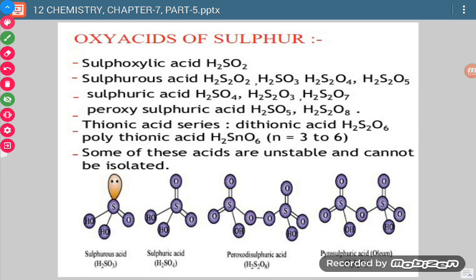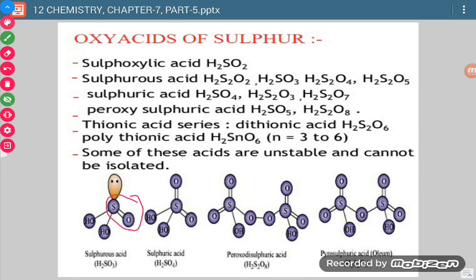That the acids formed by the combination of hydrogen, oxygen and sulfur are called oxyacids. They essentially contain S double bond O.